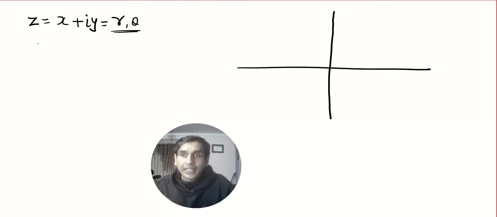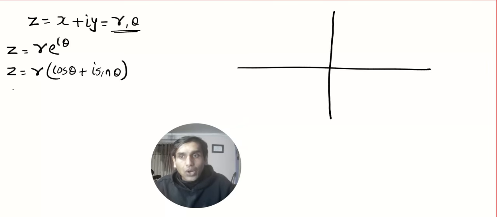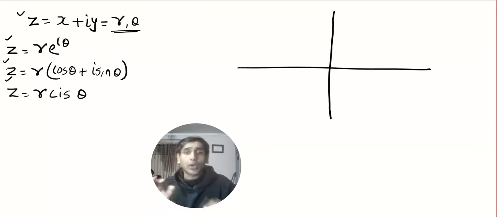That means the same complex number can be written as r e power i theta, or you can write this as r into cos theta plus i sin theta, or you can write this as cis theta. So remember 1, 2, 3, 4 all are same. Okay, and the trick, now I am not going to give you any logic or anything, a trick.